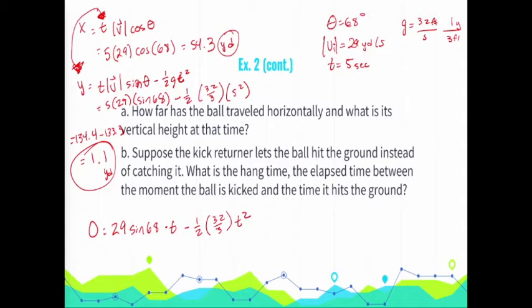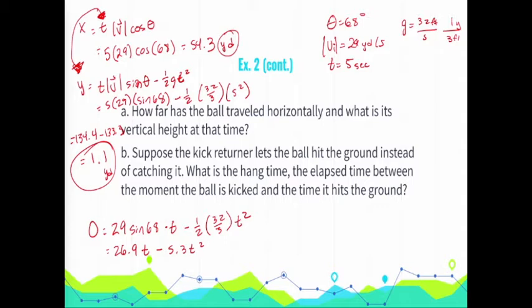29 sine 68 is 26.9 t, and this is 32 over 6, which is 5.3 t squared.